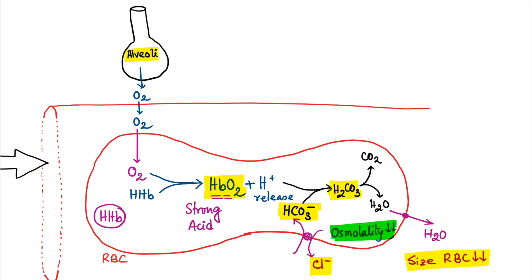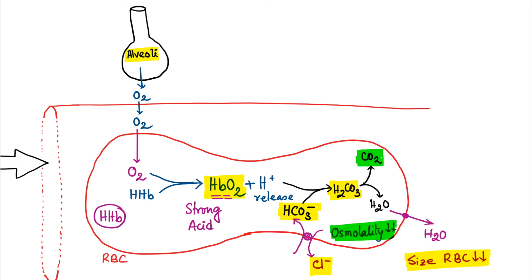So we can see here that all the reactions that already occurred at the level of venous blood are reversing here at the level of arterial blood or at the level of alveoli. Now, what is the fate of this carbon dioxide? Very simple.